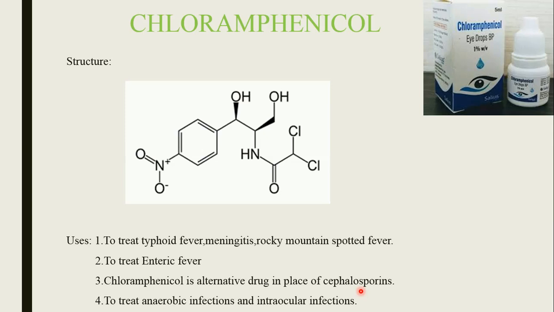If the patients are susceptible to cephalosporins or cephalosporins are not showing any therapeutic activity in the patients, then the alternative drug for that patient is chloramphenicol. It is used to treat anaerobic infections and intraocular infections. For eye infections and anaerobic infections, we can use chloramphenicol. You can see in the picture there are chloramphenicol eye drops, which are used for intraocular infections.